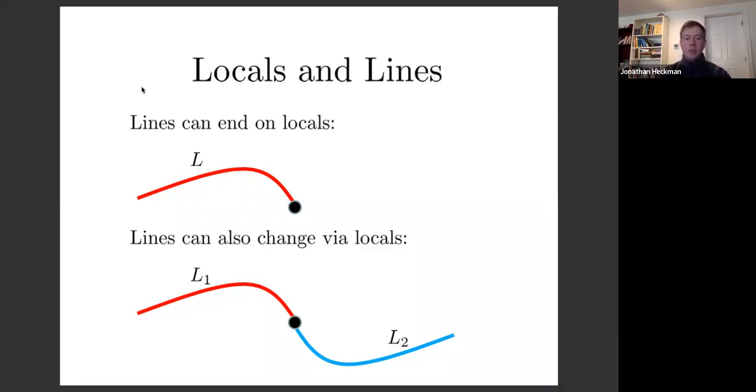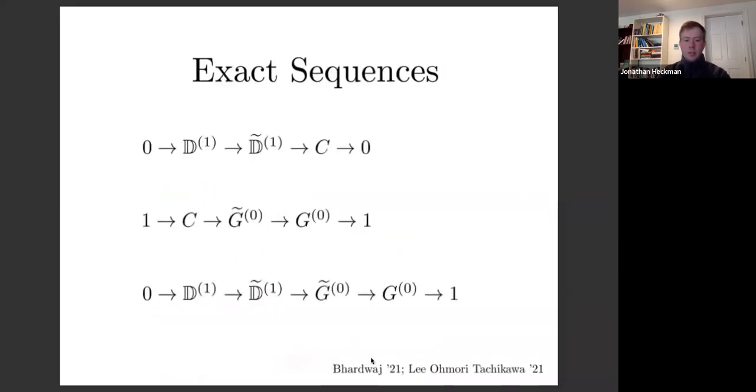All of this can be encoded a little more formally in terms of a collection of short exact sequences and a long exact sequence, if you like. Here it is. I believe these are the correct references. This was figured out in these papers, where you write down this tilde thing, which I'd refer to as the naive defect group, and the naive global symmetry, G tilde.